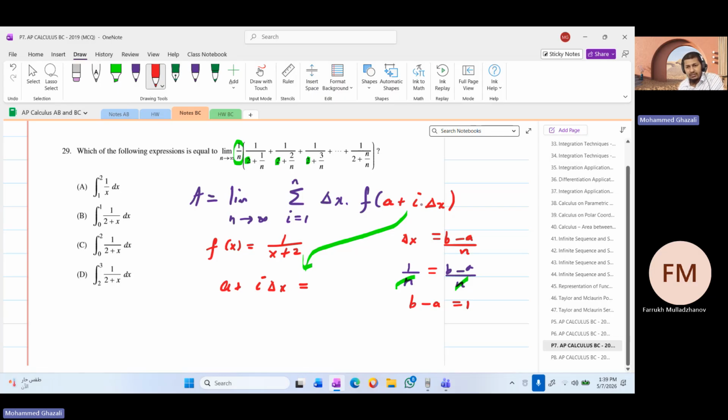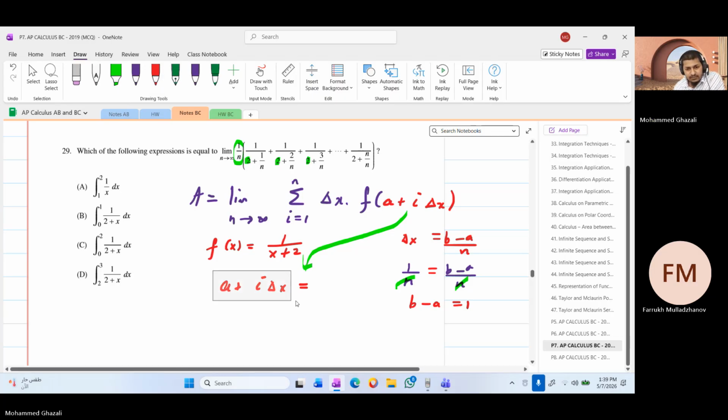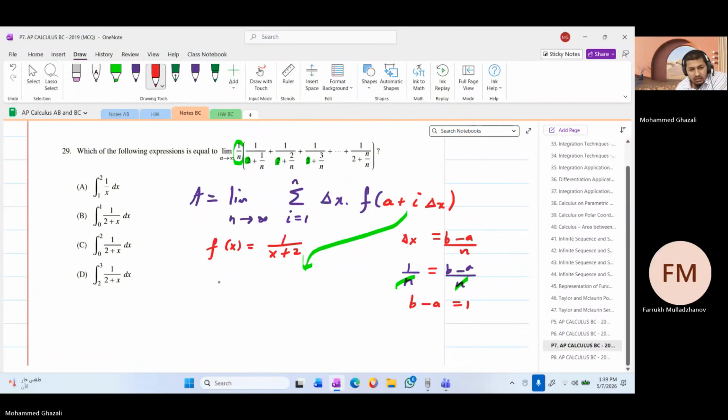If I substitute f of a plus i delta x, with i equals 1 for the first term, so a plus delta x, substituting it in the place of x in the function, it's going to be plus 2 here, and that equals 1 over 2 plus 1 over n.